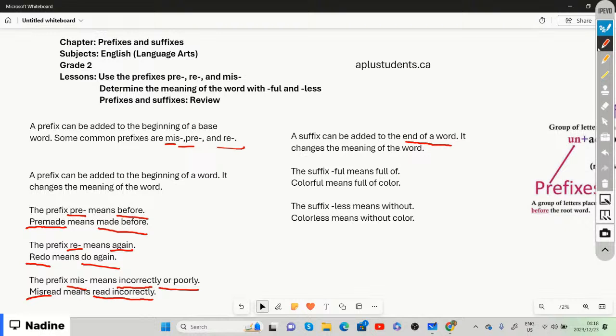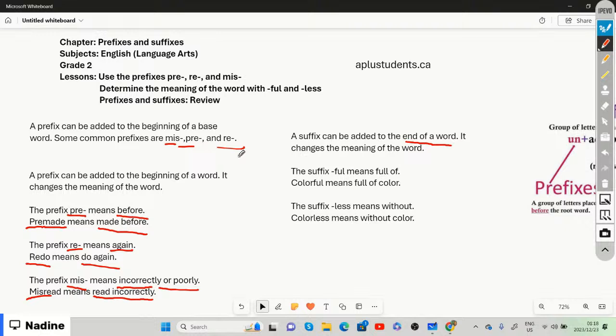A suffix can be added to the end of a word, and then it also changes the meaning of the word. The same as with a prefix. It's just that a prefix gets added at the beginning of a base word, whereas a suffix gets added at the end of the base word or at the back of the base word.